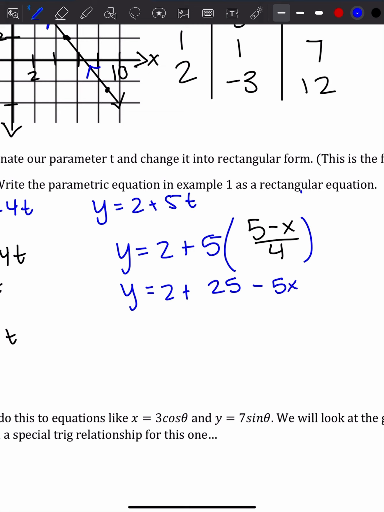And then if I have dividing by 4 on everything, I can also divide each individual piece by 4. And then I can combine like terms. 2 is the same thing as 8 over 4. So I have 8 plus 25 still over 4. So I have 33 over 4 minus 5x over 4.